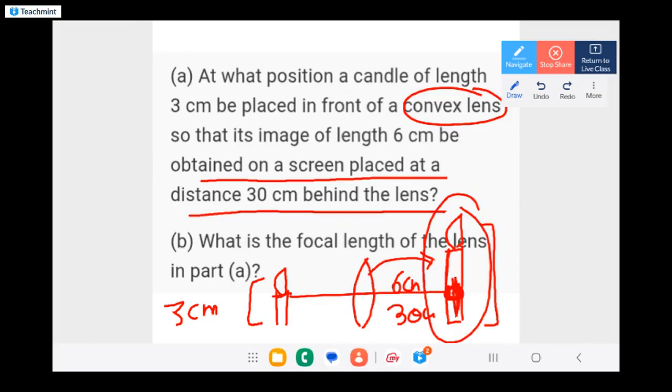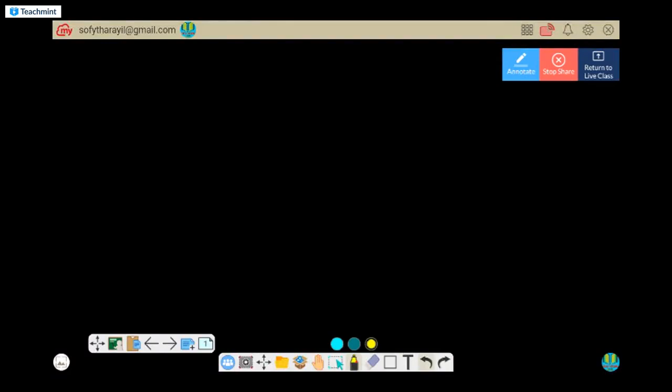So we need to first find the u value, because they've asked us where should you keep that candle. So that is the value of u. v is known to us. Tell me, v should be taken positive or negative because it is behind the lens? It's 30 centimeter. Should you take it positive or negative?